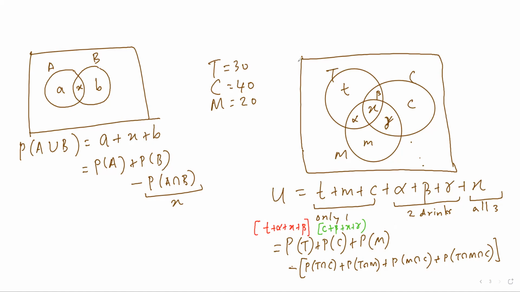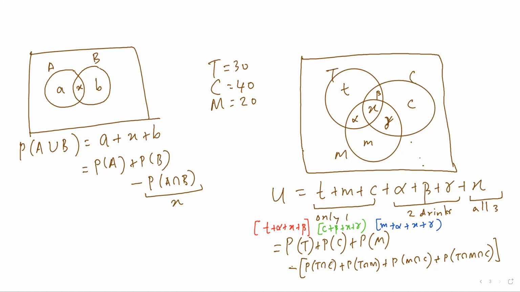And M, a different color, M plus alpha plus X plus gamma, right? And these things I will mark in a different color altogether.